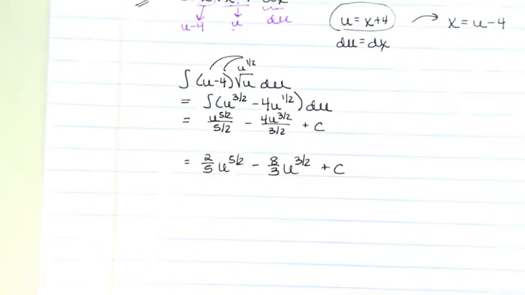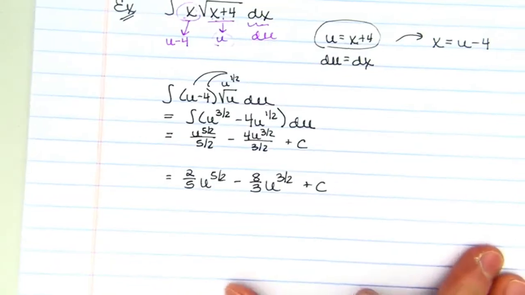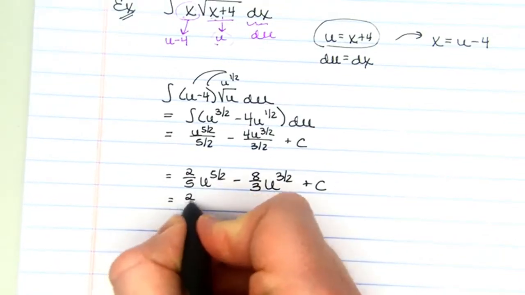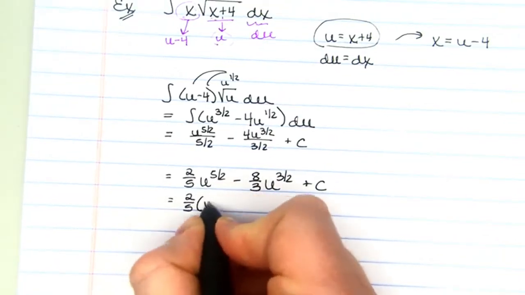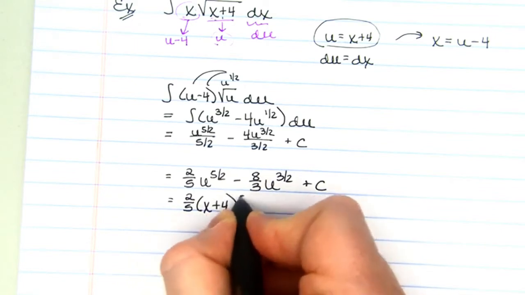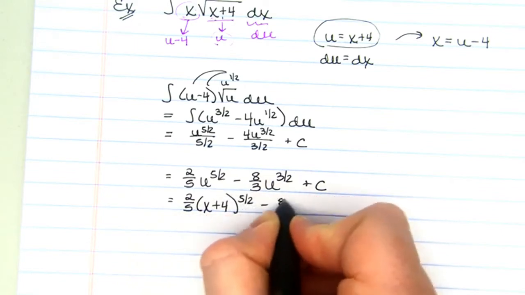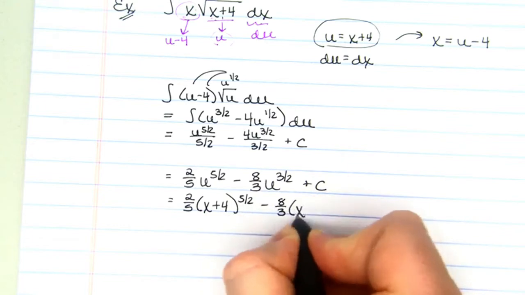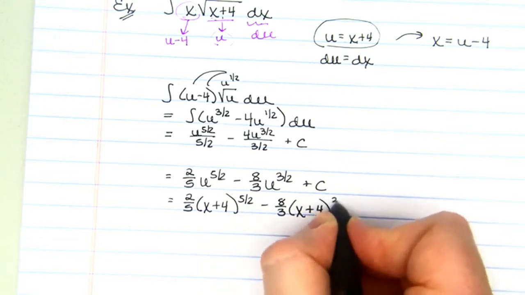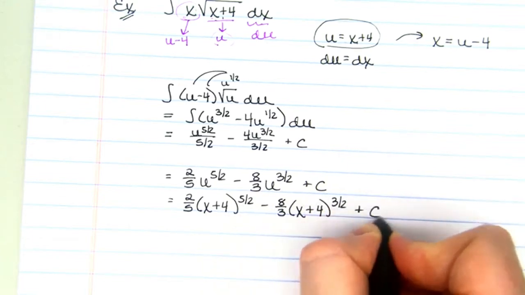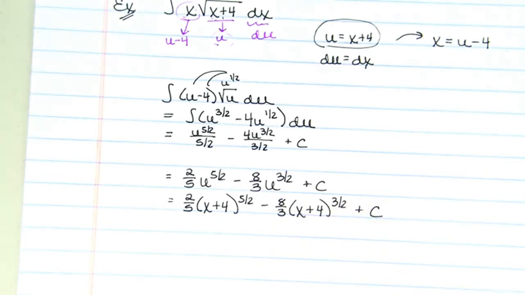And then I'm just going to go and replace the u with what it stood for. This is going to equal 2/5 times x plus 4 to the 5/2 minus 8/3 times x plus 4 to the 3/2 plus a constant. I'm going to make the video pause so you can finish making any notes.